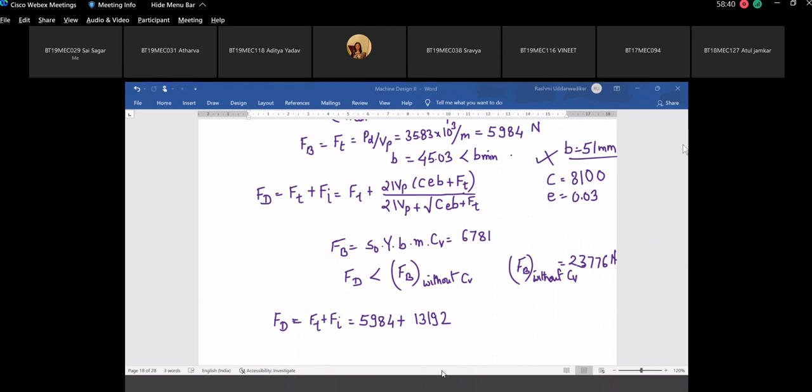Any other value? Utkarsh, this is FI, right? Not FD. You are giving me the value for this 21 VP into this term. B you used as 9M. Okay. Vaishnav is getting 13192.